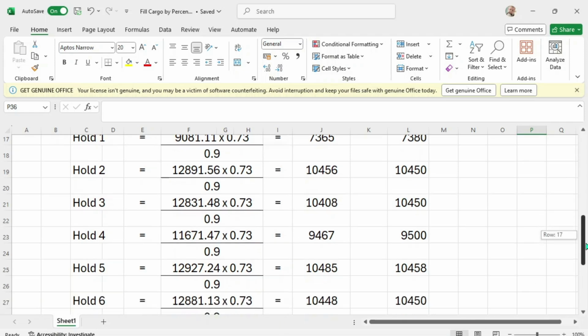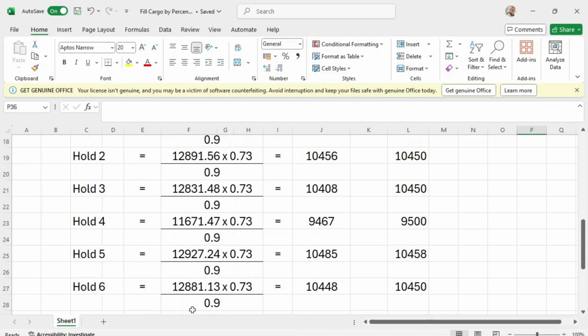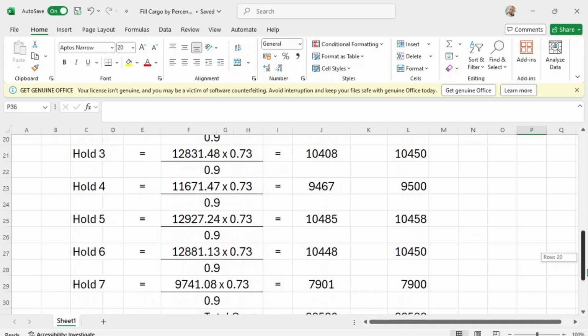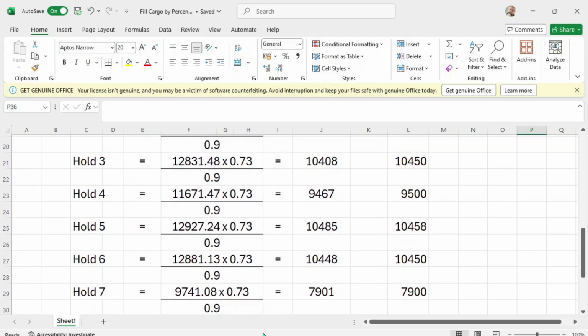Then in number 6, hold capacity is 12881.13 times your percentage over your stowage factor, then you're going to load 10448 in number 6. And number 7, the last hold, the capacity in number 7 is 9741.08 multiplied by your fill percentage over stowage factor, then you're going to load 7901.